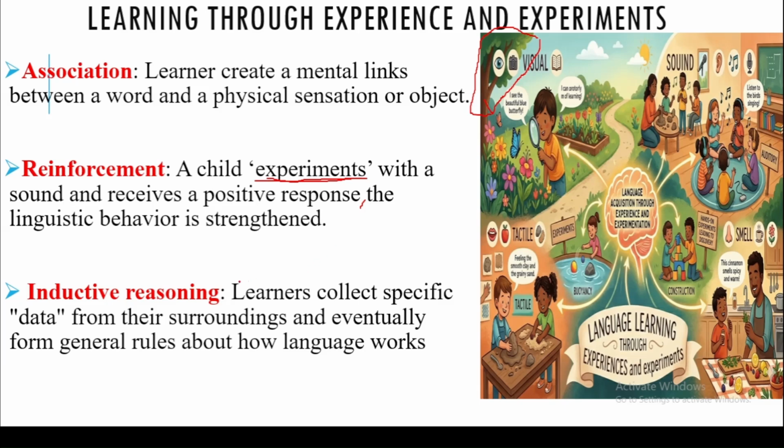The third point is inductive learning. Learners collect specific data from their surroundings and eventually form a general rule about how language works. So a child collects specific data from the environment, forms a general rule, his own mental rule, and learns a language.